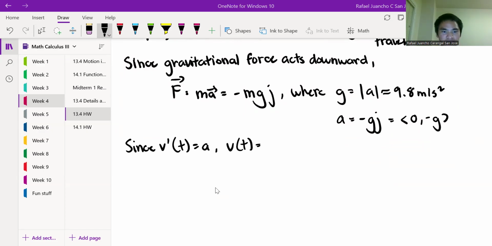Is there probably an answer key here or something? Okay, there's a couple of things here. So here I would probably write v of 0.